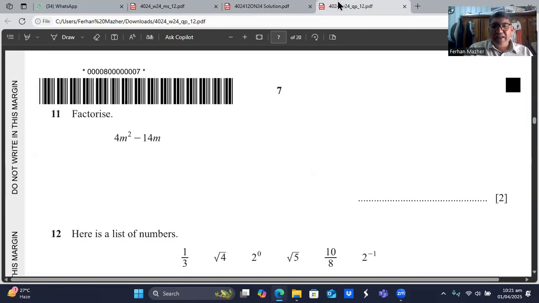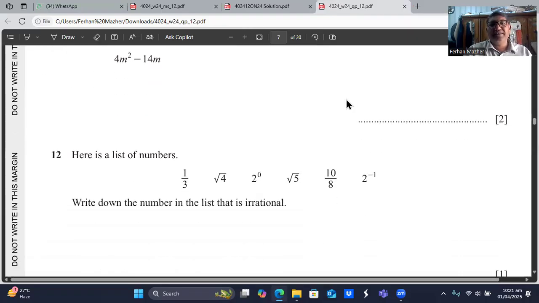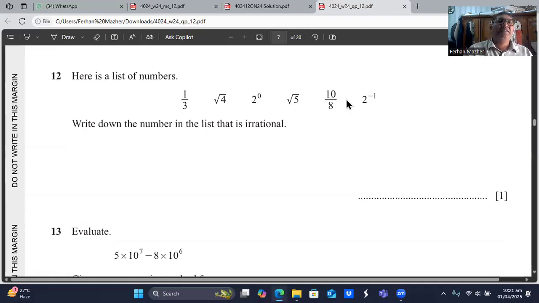Okay. Then we have question number 12. He says, here is a list of numbers: 1 by 3, square root of 4, 2 raised to power 0, square root of 5, 10 divided by 8, and 2 raised to power minus 1. Their question is, write down the number in the list that is irrational.